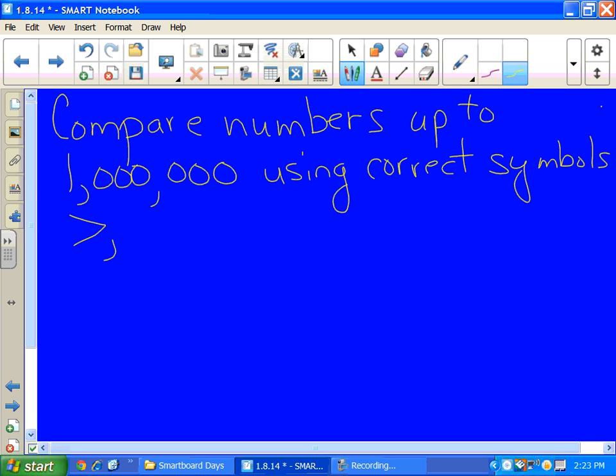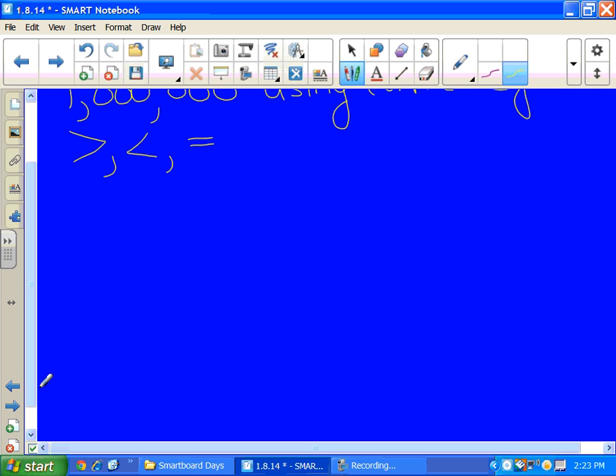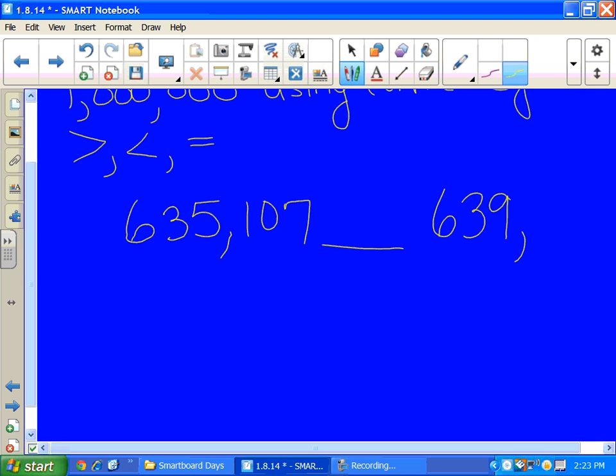We have greater than, less than, or equal to. So if we're taking a look at two numbers, and we are comparing 635,107 to 639,246.